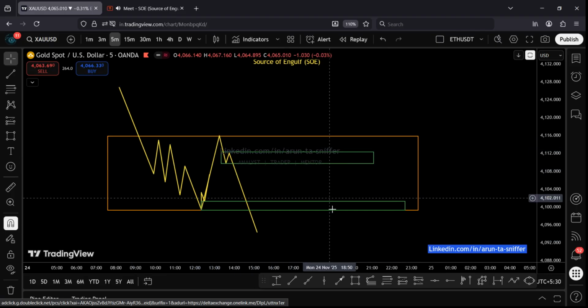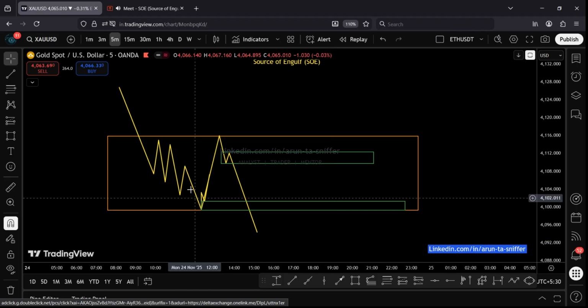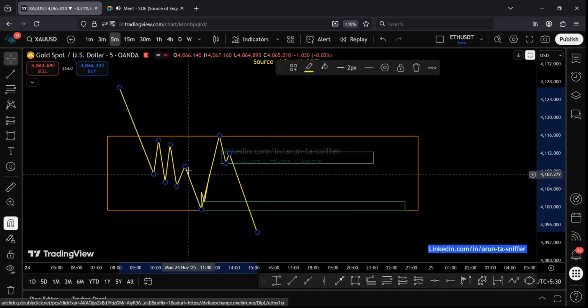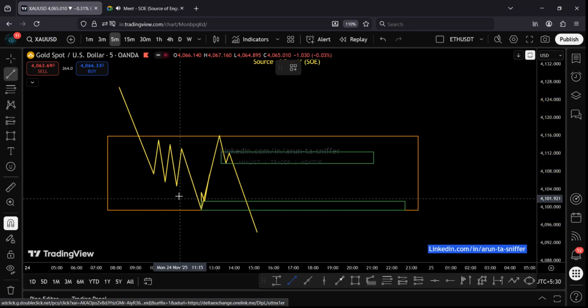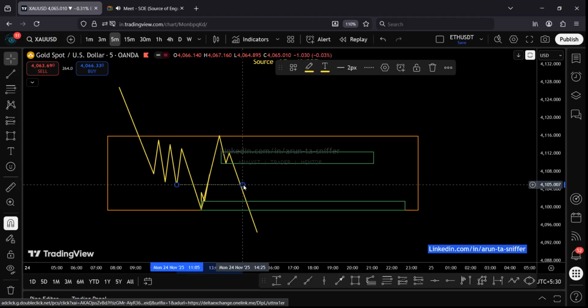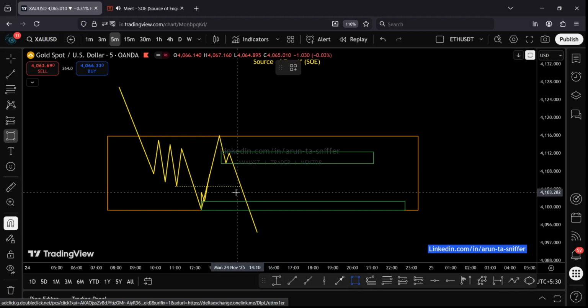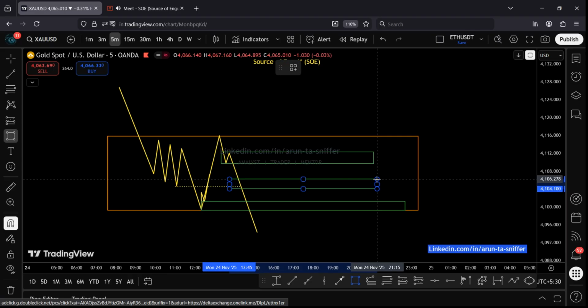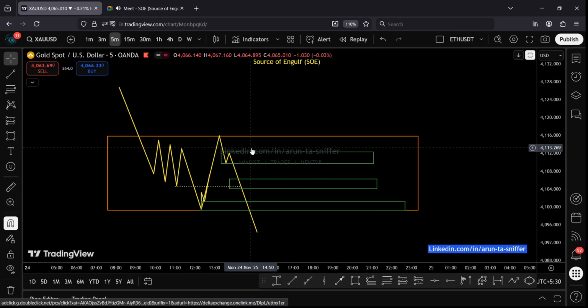Another one is this, which may also react from the middle zone like this, and price comes like this. Then using order transfer we may find a zone here, and another one is here, LSK.